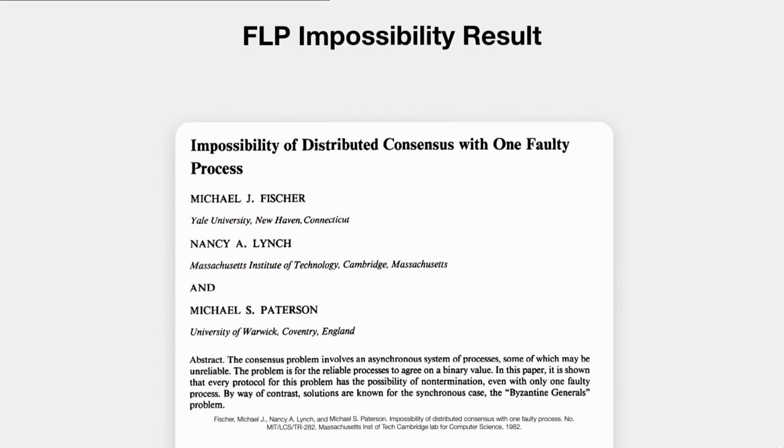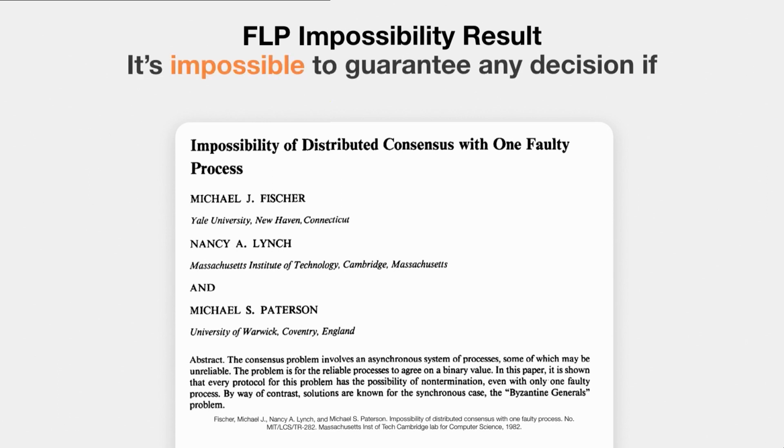So with this theoretical model, we can understand probably the most important theoretical result in the field of distributed systems, which is the FLP impossibility result. The FLP impossibility result was a paper published by Fischer, Lynch, and Patterson titled The Impossibility of Distributed Consensus with One Faulty Process. Distributed consensus is a fundamental building block of distributed systems.